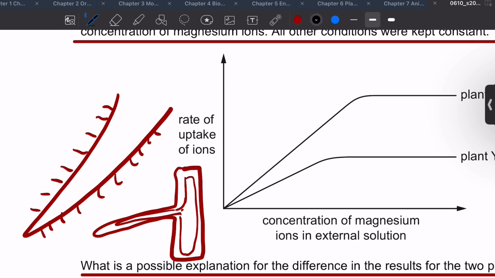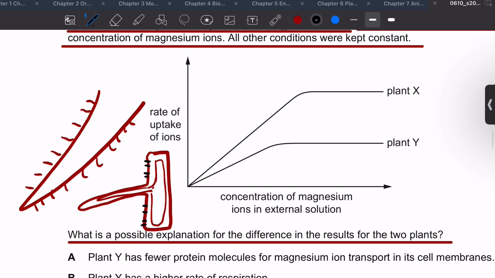Some of them are called channel proteins. The function of these proteins is to allow the movement of particles from outside to inside when there's a lot of them. So it promotes diffusion. Diffusion is the movement of particles from high concentration to low concentration.